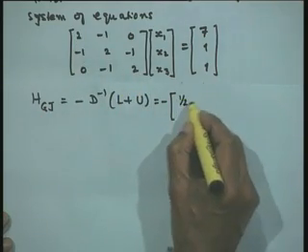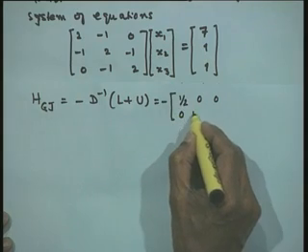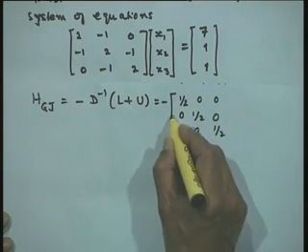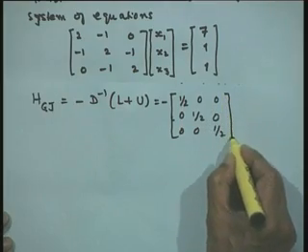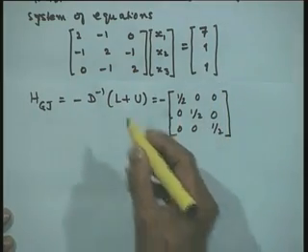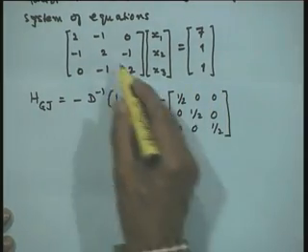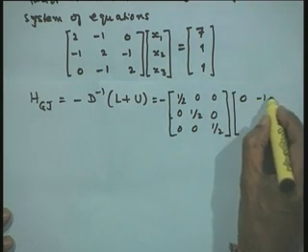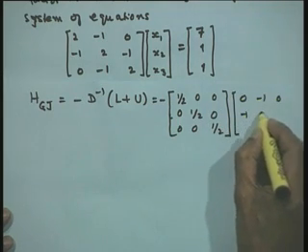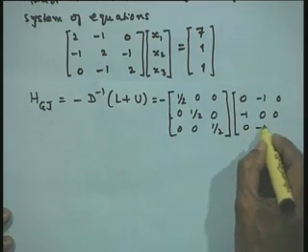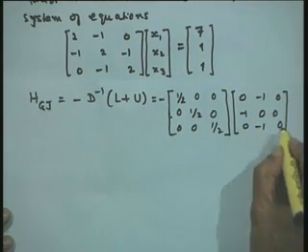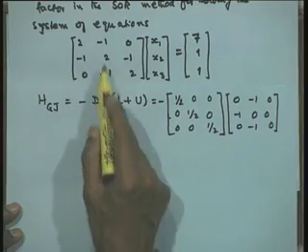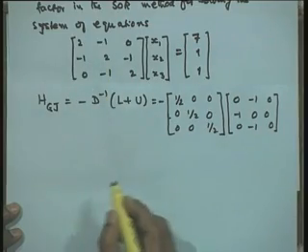So, I will have here 1 by 2 0 0, 0 1 by 2 0, 0 0 1 by 2. Then L plus U is the remaining part in the matrix, therefore, what is left out I will write as 0 minus 1 0, minus 1 0 minus 1, 0 minus 1 0. The diagonal has been picked out already, so what is left out is L plus U, the remaining elements.